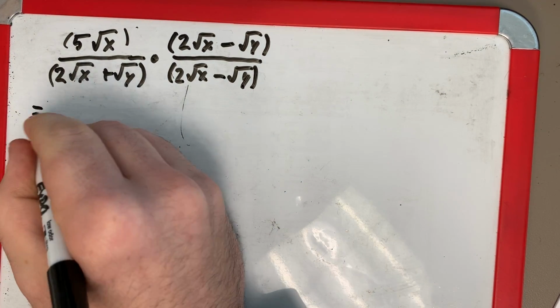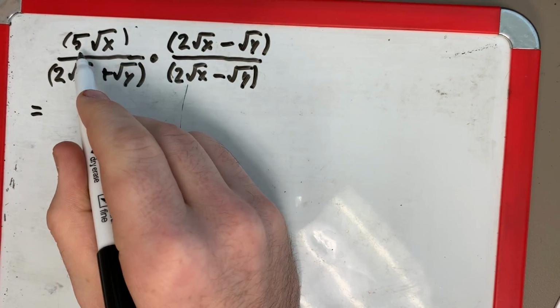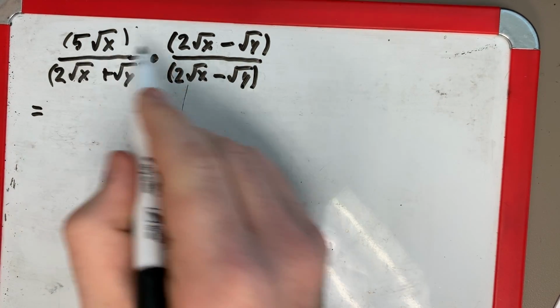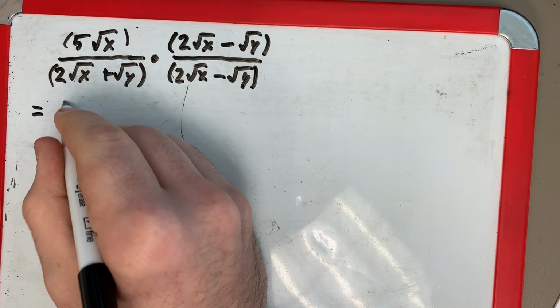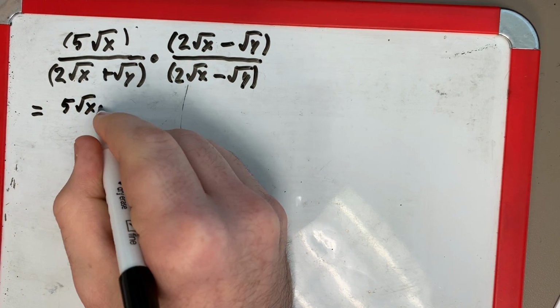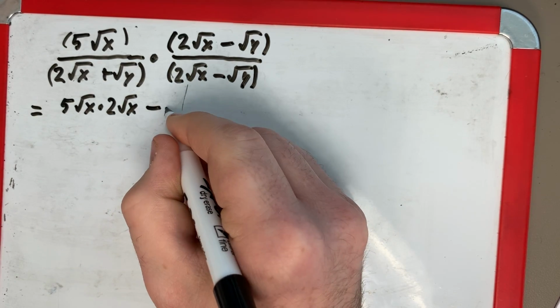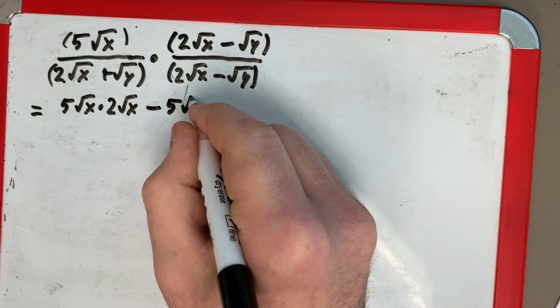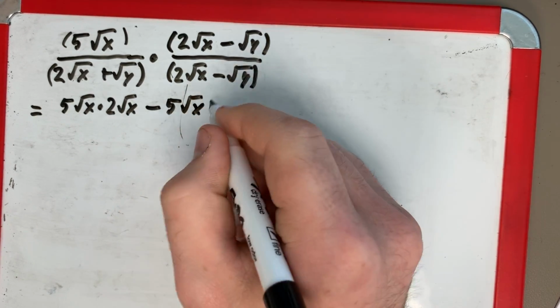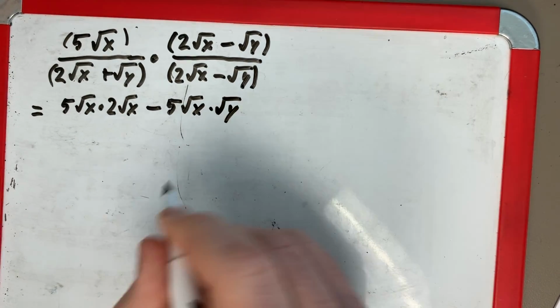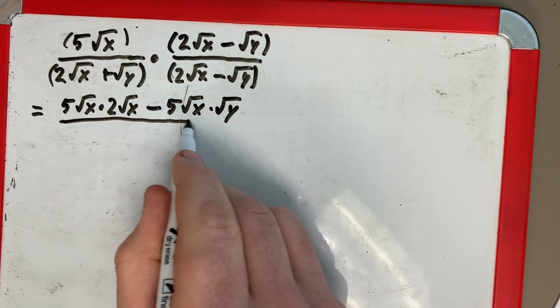Okay, FOIL. So we have this 5 root x times the top. So we're going to take this and distribute it to each of these guys. So we have 5 root x times 2 root x minus 5 root x, because of that minus sign, we have the minus, times root y. Okay. So that is just the numerator.